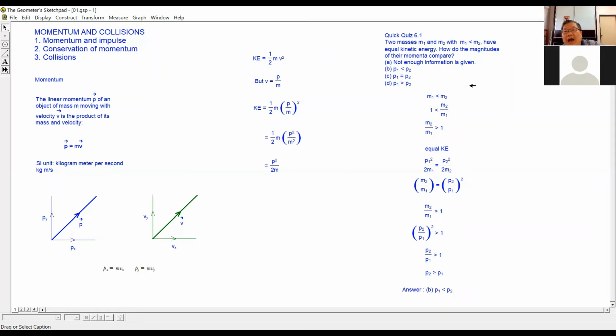Okay. This one is quite difficult to see because the momentum is proportional to the mass and the velocity. But the kinetic energy is proportional to the mass and the square of the velocity.